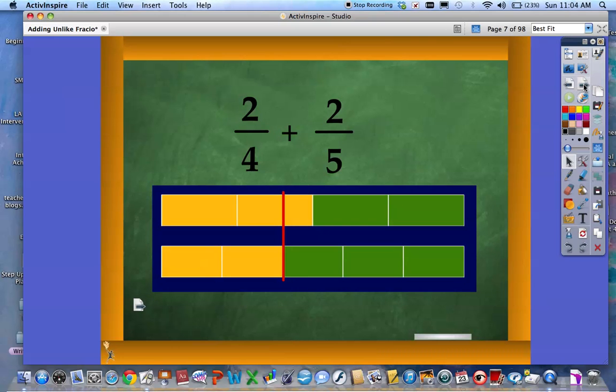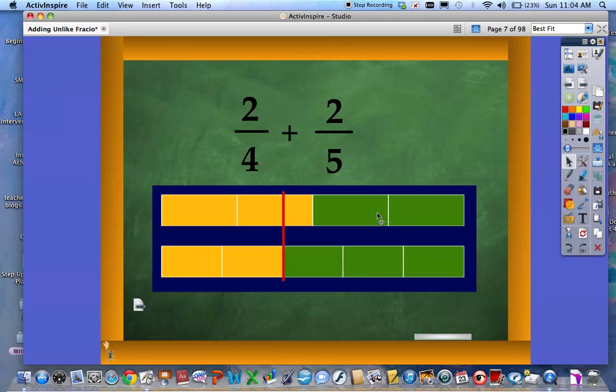On the other hand, if I took the fourths and moved them down here where the fifths are, I would still have a problem, because if you notice, the fourths go past the line for the fifths. So the fourths are too big to fit in the fifth space. They would go over the line. They would be too large.